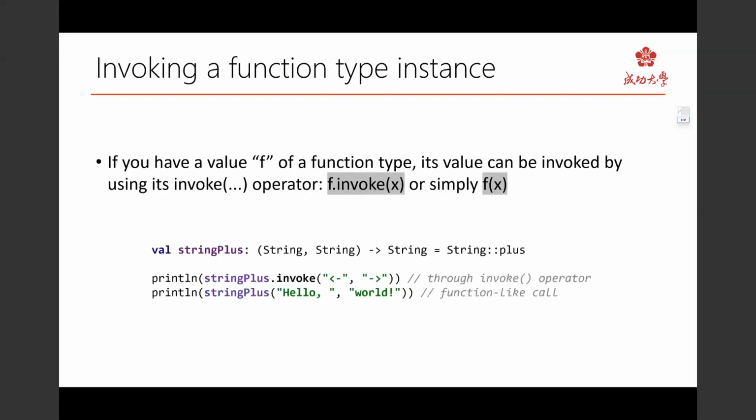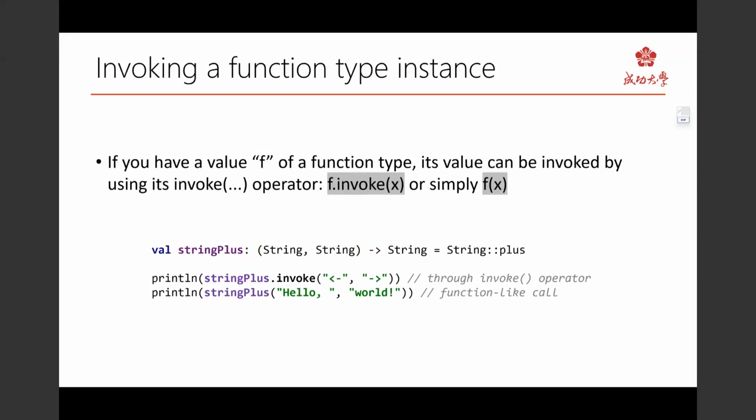To instantiate a function type is very simple. Suppose we have a variable named stringPlus over here, and you can see that this is its data type. Since we see parentheses over here, we know that this variable can hold functions.